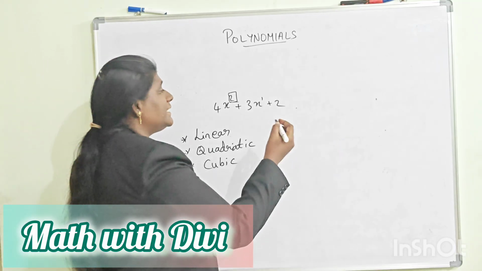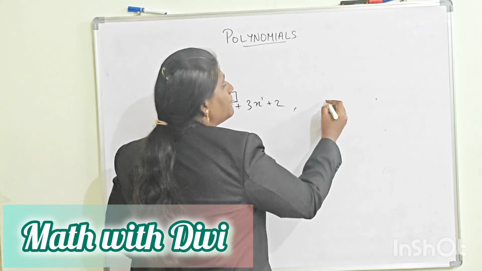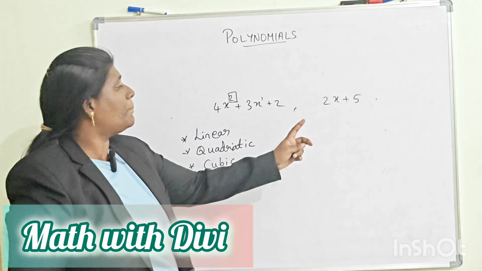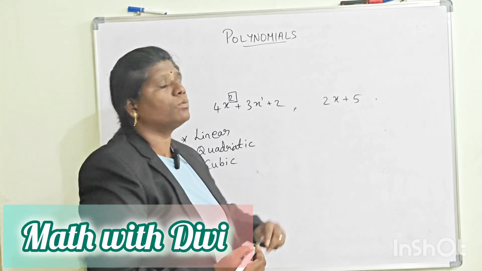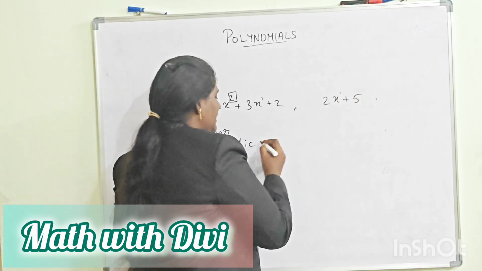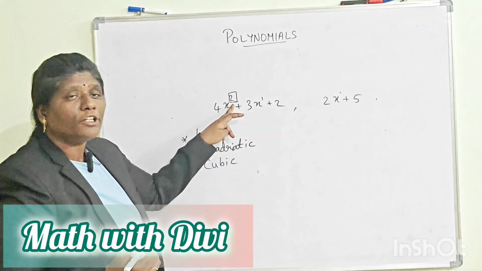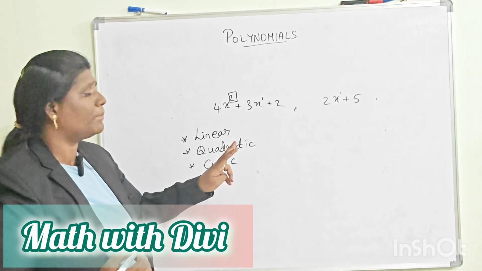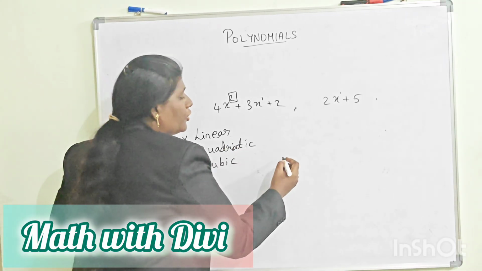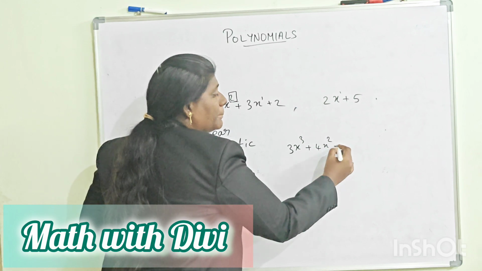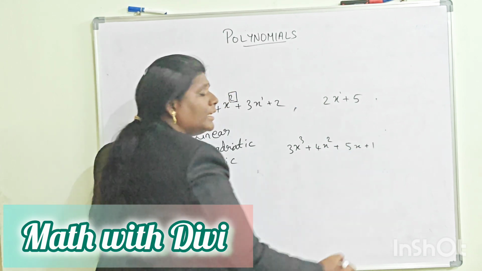For example, 2x plus 5 has degree only 1, so it is a linear polynomial. If the degree is 2, it is a quadratic polynomial. And a cubic polynomial is like 3x cube plus 4x square plus 5x plus 1.